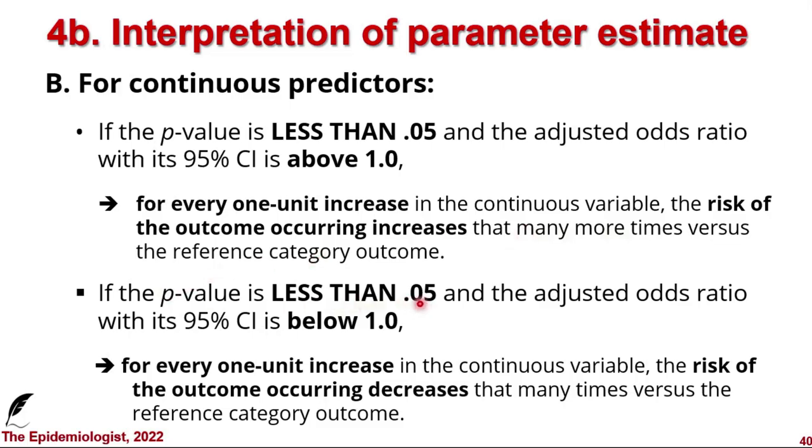However, suppose the p-value is less than 0.05 and the adjusted odds ratio with its 95% CI is below 1.0 for every 1 unit increase in the continuous variable. In that case, the likelihood of the outcome occurring decreases that many times compared to the reference category outcome.